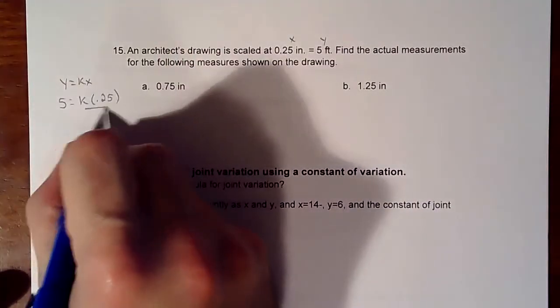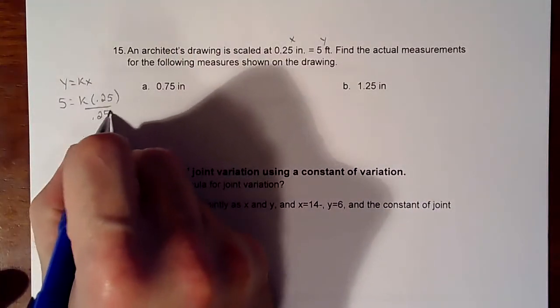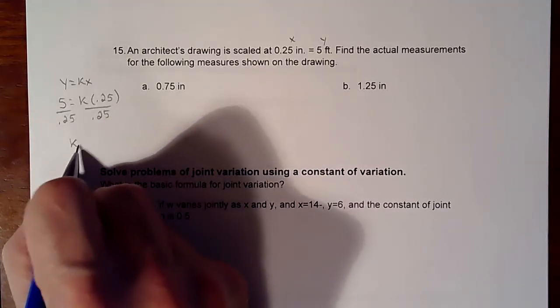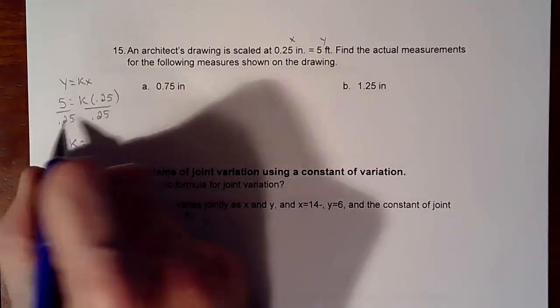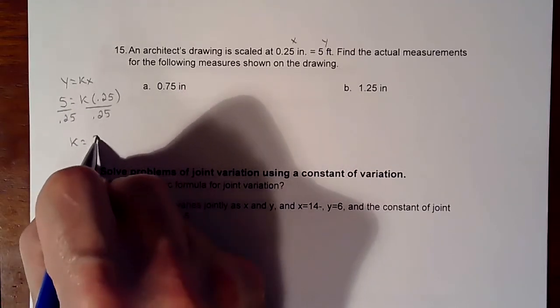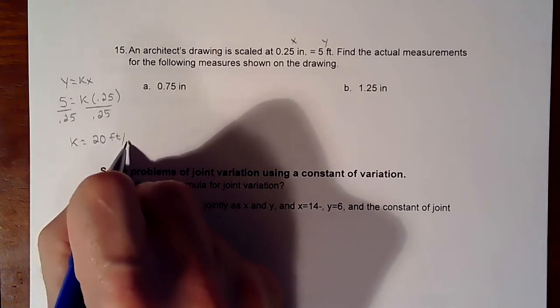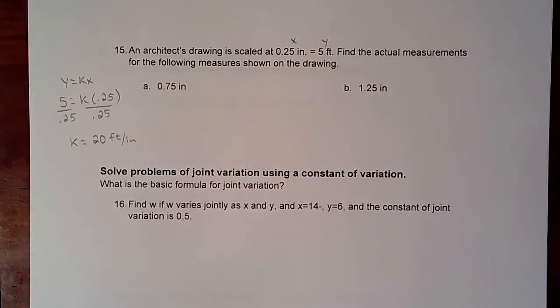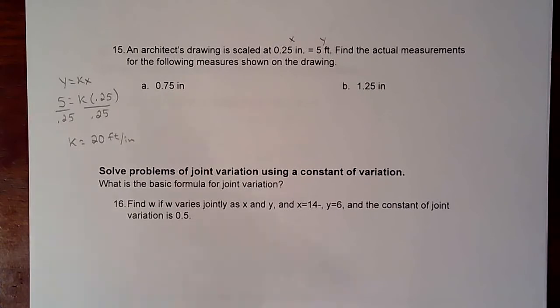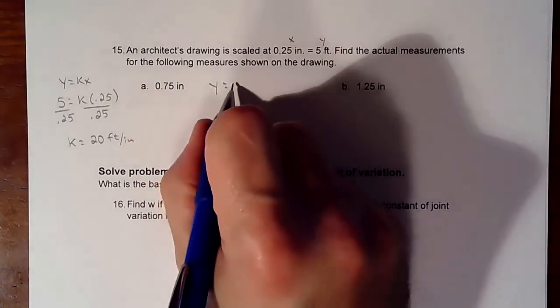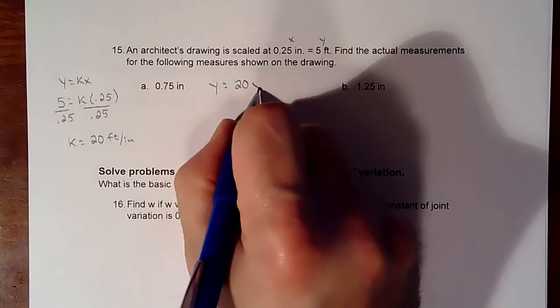Show my work: 5 divided by 0.25, you get an answer of 20. So what that represents is 20 feet per inch. That's your rate. So that means that this is your actual equation.